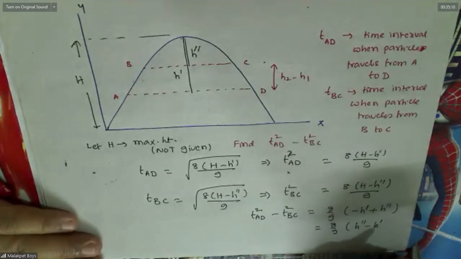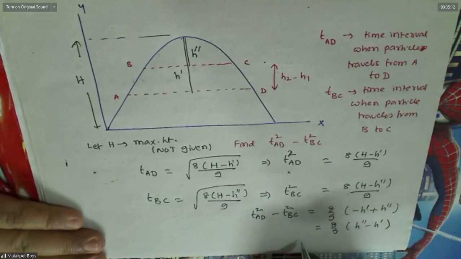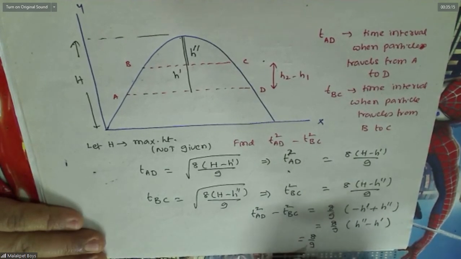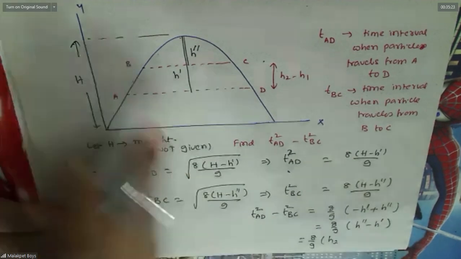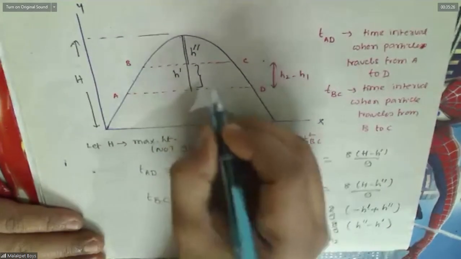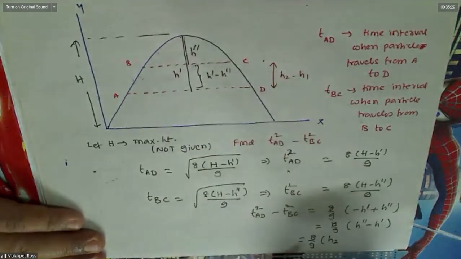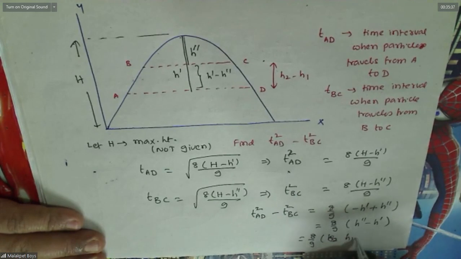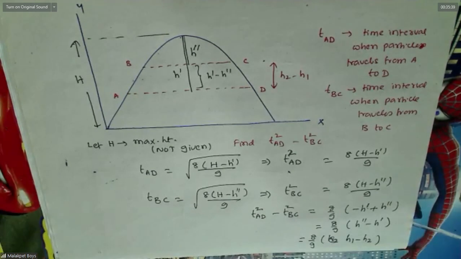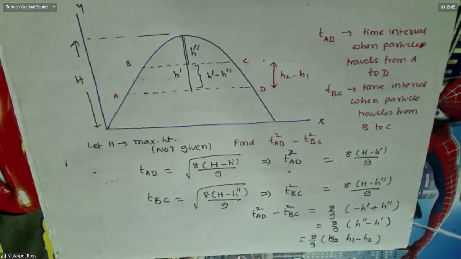This is nothing but this distance, actually. Agreed? Then this will be H1 minus H2. That's all. Clear? Because we need H double dash minus H dash now. Yes, sir.